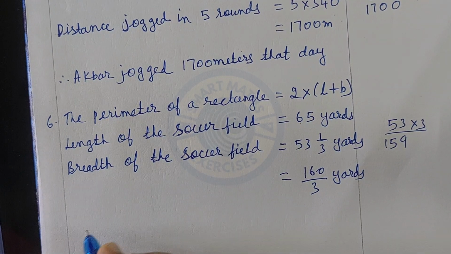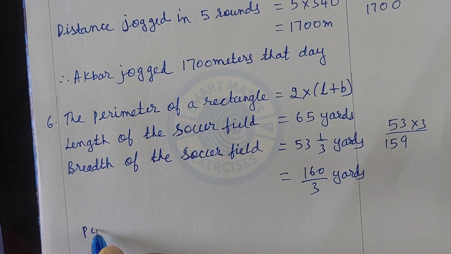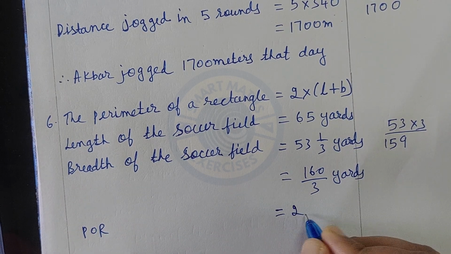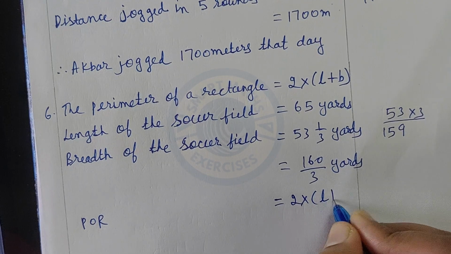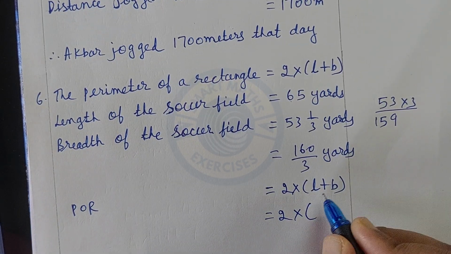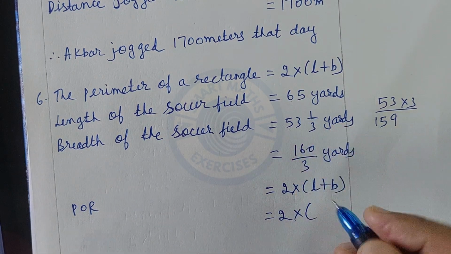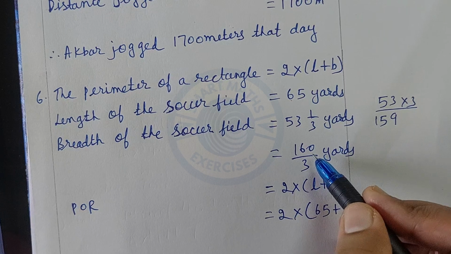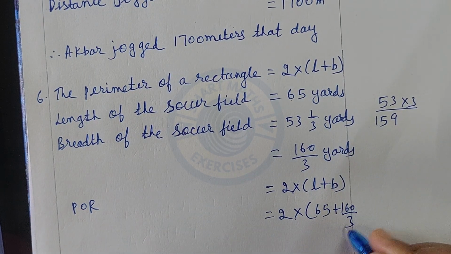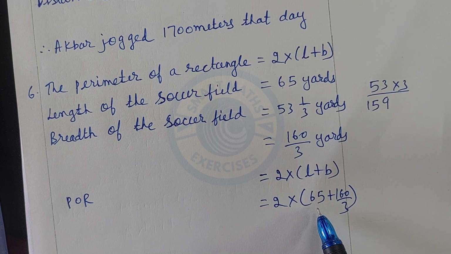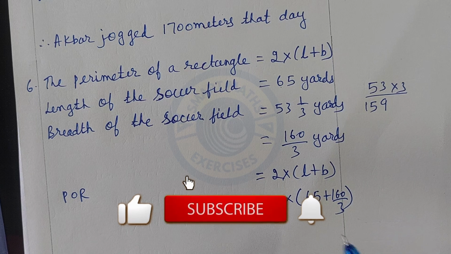Now let us apply the formula. Perimeter of rectangle equals to 2 into L plus B. So 2 into L. Length is 65 plus breadth is 160 by 3. Now here we have 65 plus 160 by 3. You can simplify this by taking LCM.